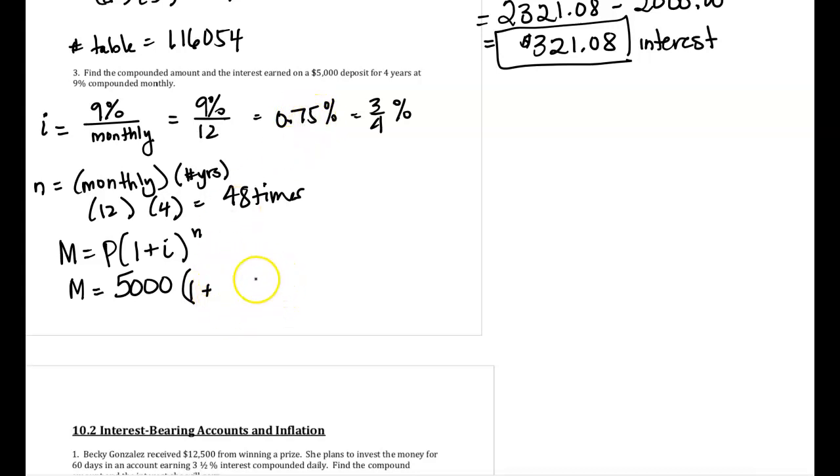Here we're going to need to write that as a decimal. Let me write 0.75% for now. And then the exponent was our N for 48 times. In our formula, we need to convert this to a decimal.